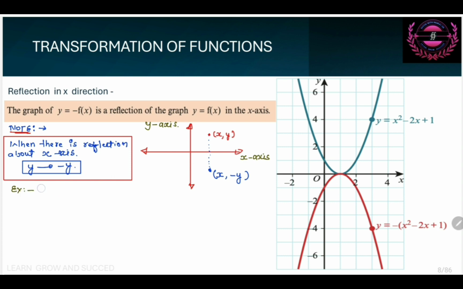For example, we have an original curve as given in the graph on the right hand side, y equals x square minus 2x plus 1. This is the curve which is given to us.